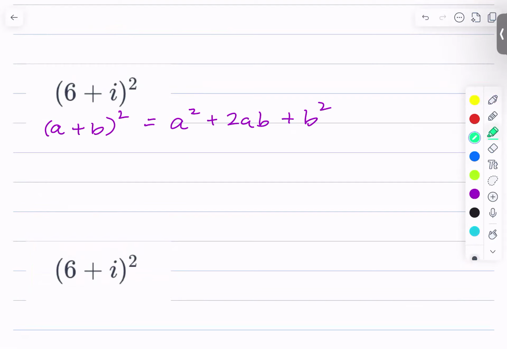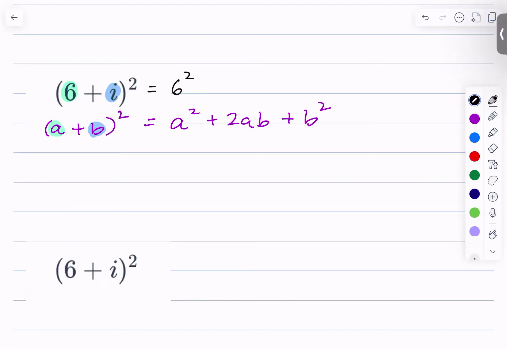So here, my a value is 6 and my b value is i, right? 6 plus i quantity squared. So wherever I see an a, I'm going to put a 6. So a squared is actually 6 squared.